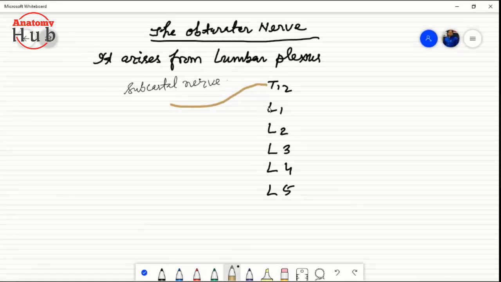From the L1 you will get the L1 spinal nerve, and this L1 spinal nerve merges with the subcostal nerve. Then they divide, so the upper one is your iliohypogastric nerve, and the lower one is your ilioinguinal nerve.